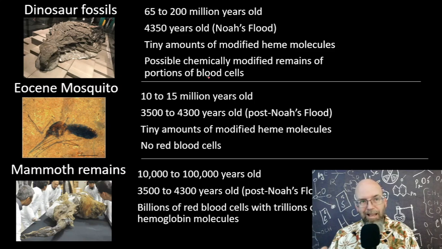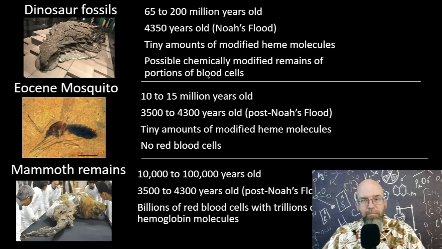What's found now is some considerably smaller portion of that. All right, a very small fraction of that amount of material that would have been there. And what is found is extremely modified. All right, so that's why I'm saying tiny or trace amounts of heme molecules.